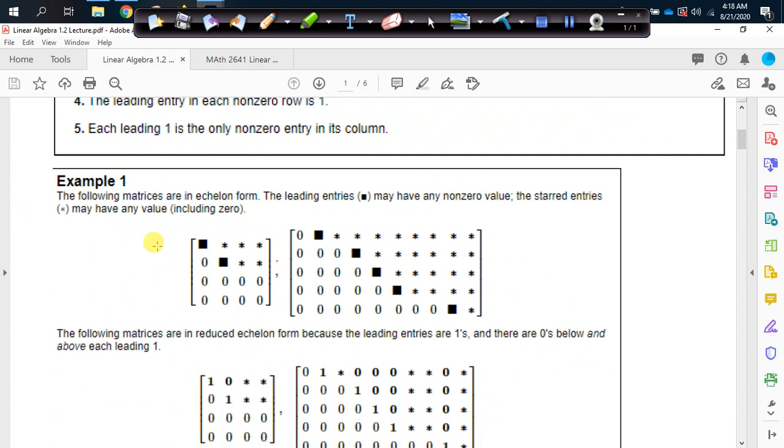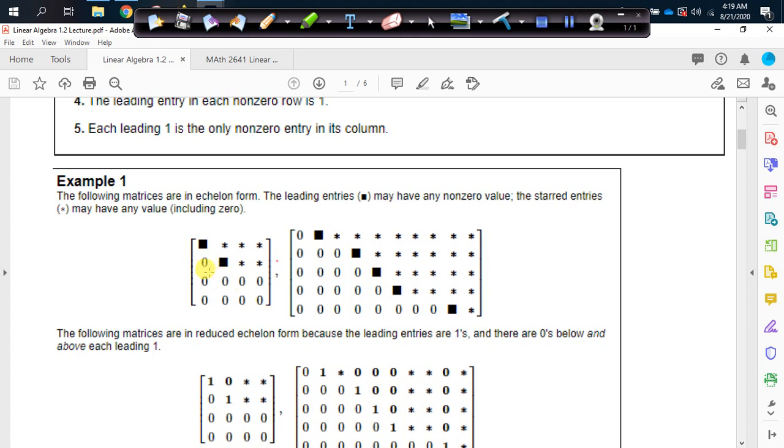So for example, these matrices are in echelon form. You notice that if it has a row of zeros, it's at the bottom. And now these values in the boxes could be any non-zero value, and the stars could be any value, including 0. So notice really what we have here is our little triangle of zeros.